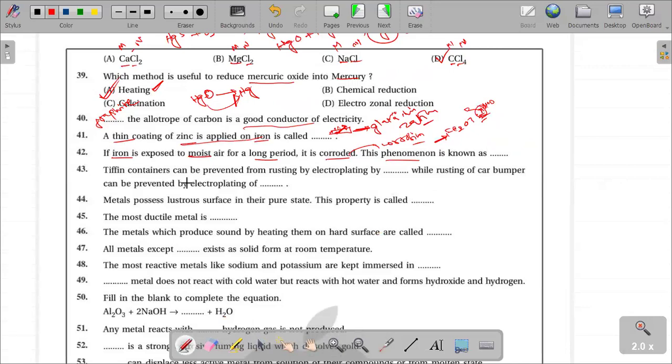Rusting of a Tiffin container can be prevented by electroplating, and rusting of a car bumper can also be prevented by electroplating. So which metal do we have to use here?